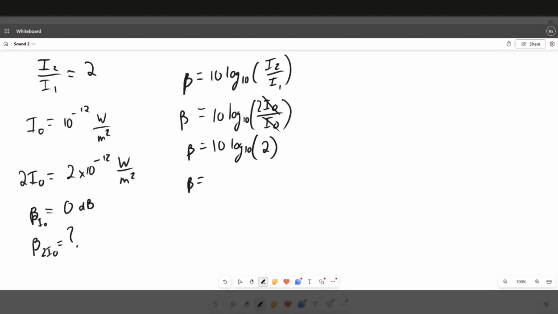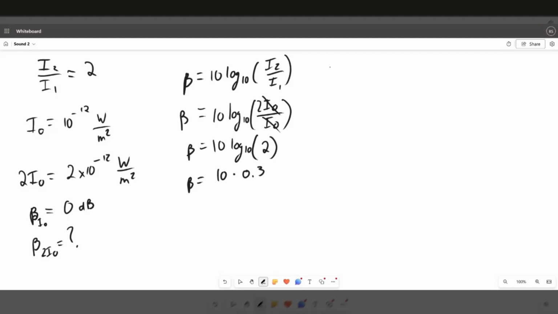Off the top of your head, you might not know what the log base 10 of 2 is. And so this is something that would be perfectly fine to plug into your calculator. And when you do plug it in, you would get something like 0.3.